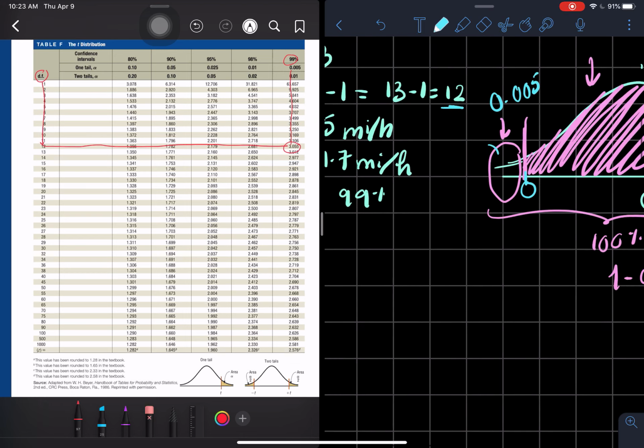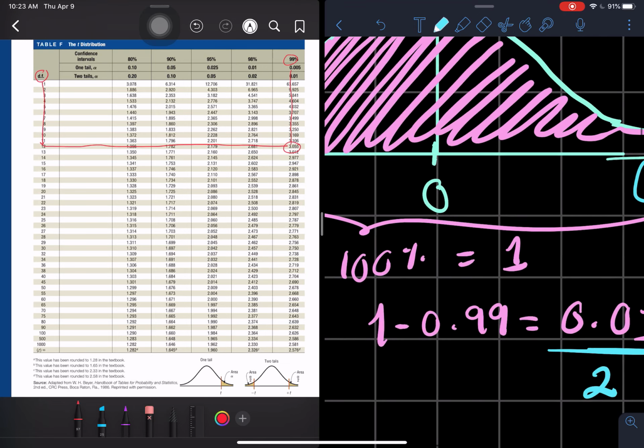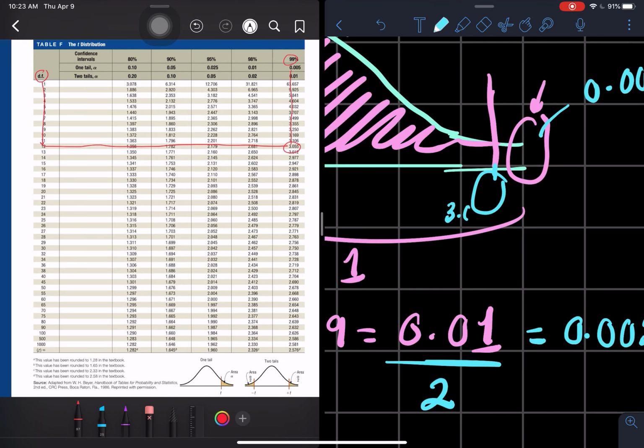So I know that my t value here is going to be negative 3.055, correct? And here it's going to be 3.055.